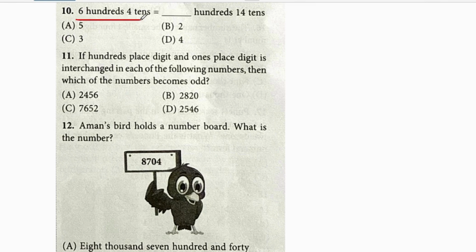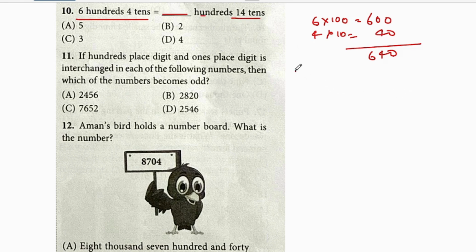Question number 10 is 6 hundreds and 4 tens. 6 hundreds is equal to 600 and 4 tens, 4 into 10, is equal to 40. It means that 640 is having dash hundreds and 14 tens. 14 tens means 14 into 10, that is 140.